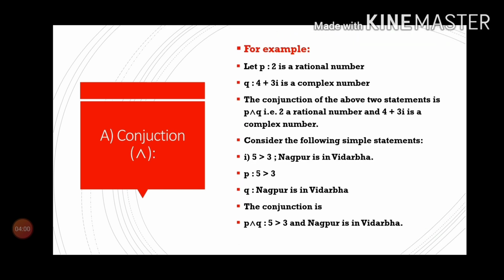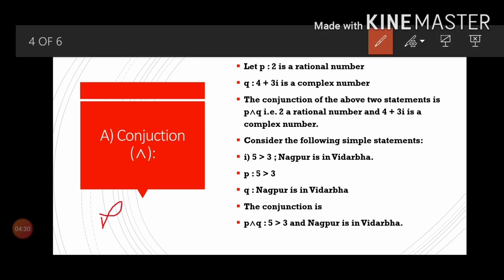Next point is conjunction. What is meant by conjunction? If P and Q are any two statements connected by the word 'and', then the resulting compound statement 'P and Q' is called the conjunction of P and Q. In symbolic form, it is written as P and Q. This is the symbol of conjunction.